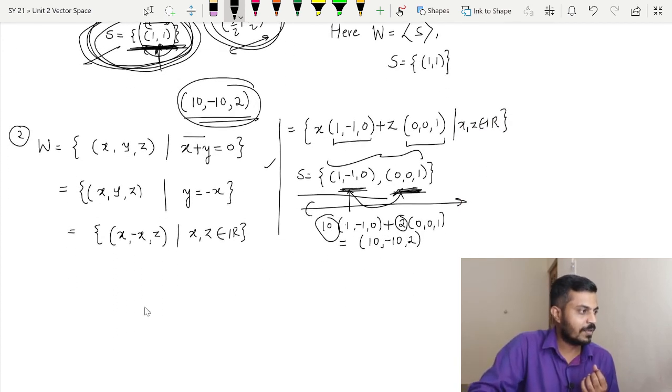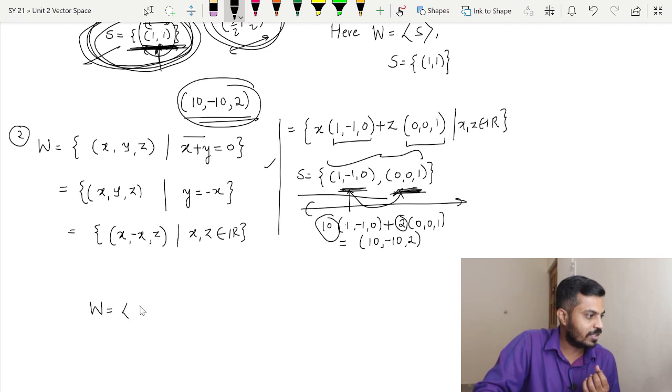Similarly, in the second example as well, W is generated by S, where S contains two vectors, that is 1 minus 1 0 and 0 0 1.